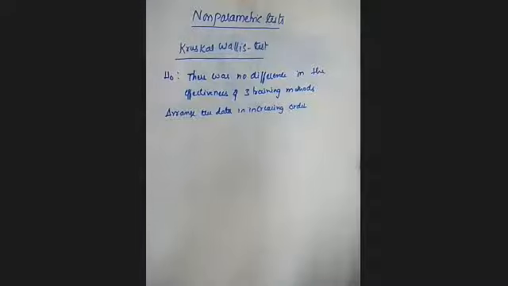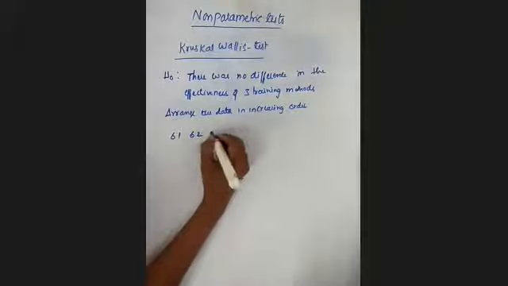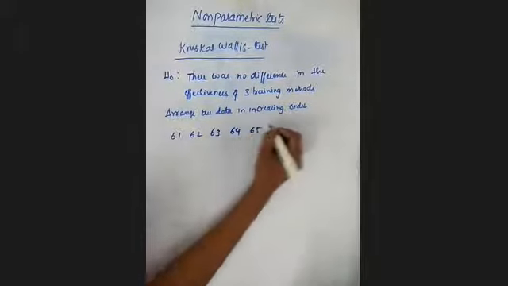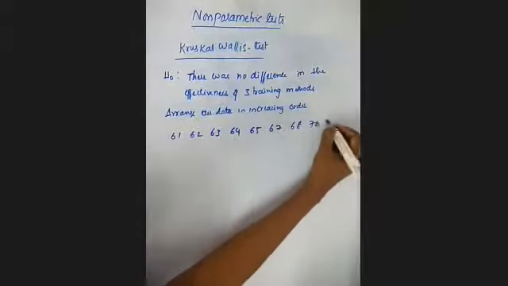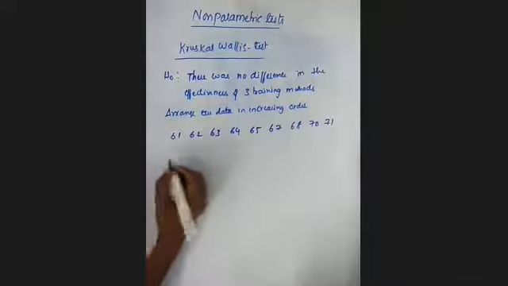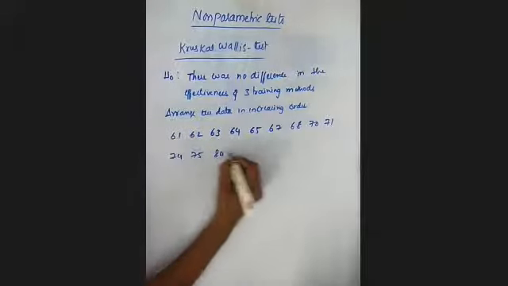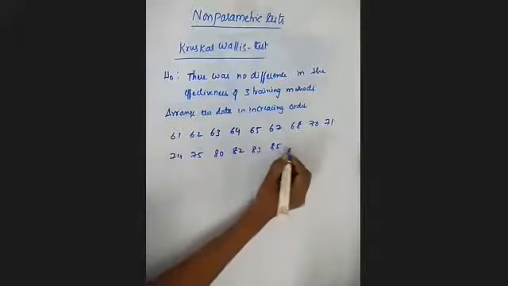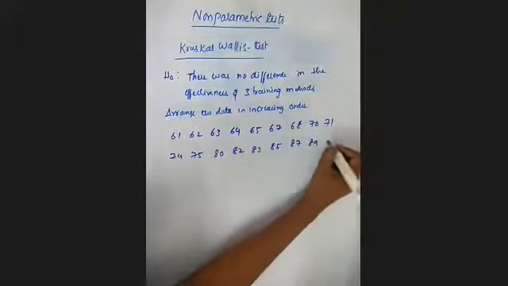We arrange like this: 61, 62, 63, 64, 65, 67, 68, 70, 71, 74, 75, 80, 82, 83, 85, 87, 89, and 90.